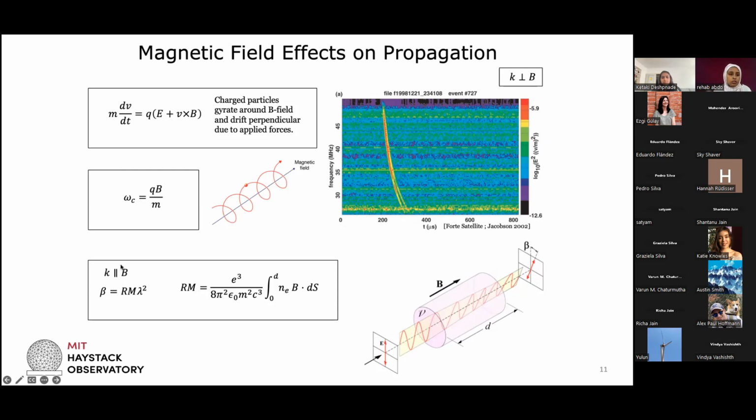So here, this omega c is the gyro frequency, and you can see if you're propagating along B, this is the equation for Faraday rotation. So if I had a linear wave, and that's shown down here, and I was propagating it through the ionosphere, at the end, it's tilted.